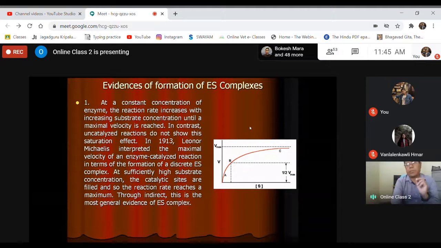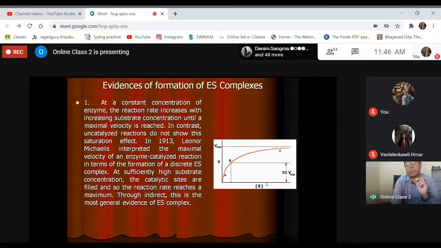In this graph, on the x-axis you have the substrate concentration, so you are increasing the substrate concentration. On the y-axis you have the velocity of the enzyme catalyzed reaction.